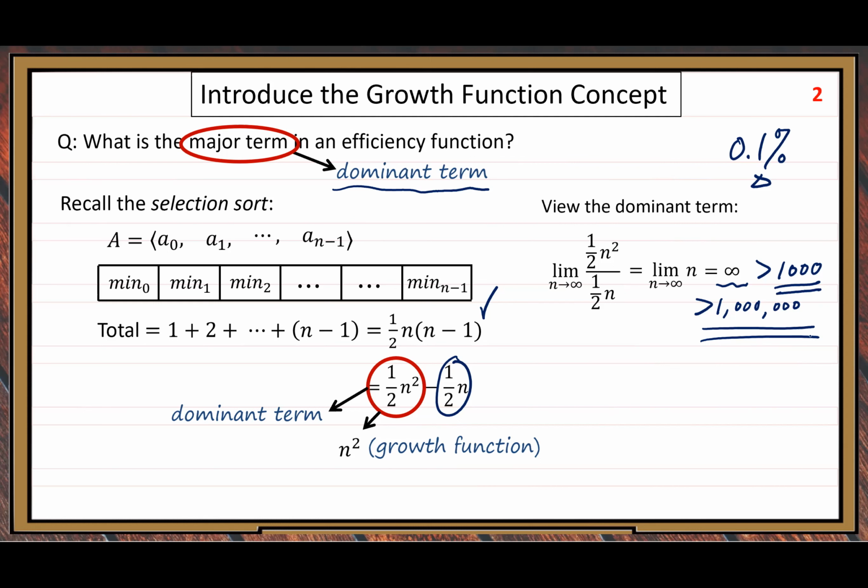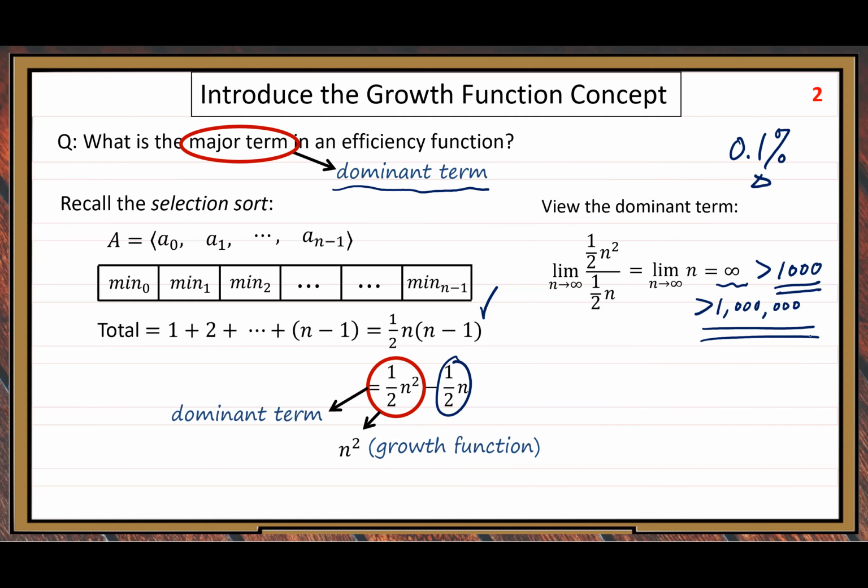That's the simplest expression we can have to describe the efficiency function for the selection sort. Just n squared. That's the growth function. So with this much discussion, you can see we get the growth function.